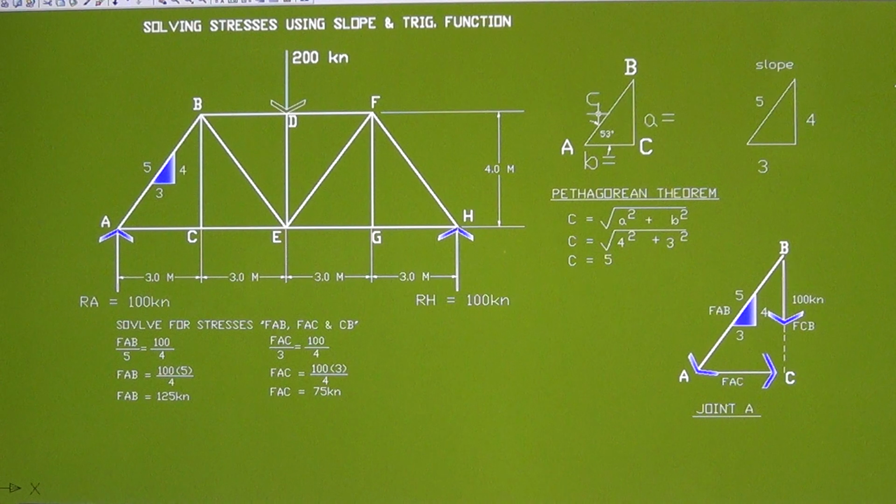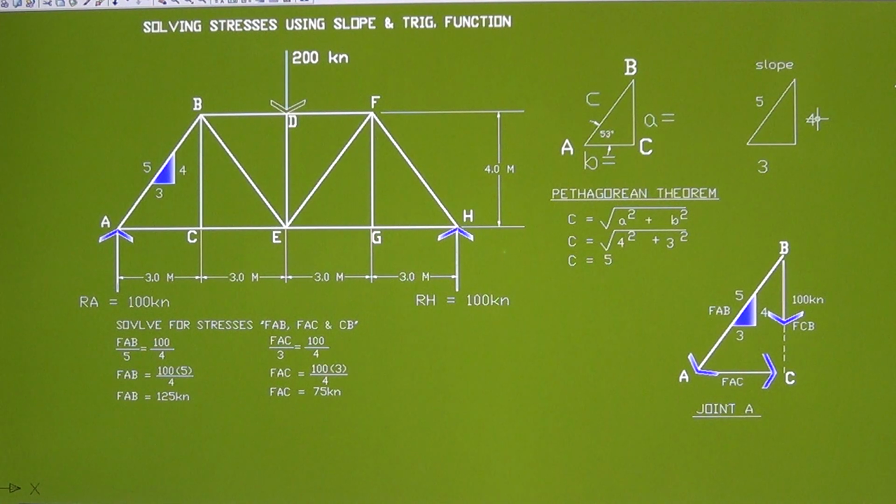We have to find C, so we use the Pythagorean theorem. C squared is equal to A squared plus B squared. As a shortcut, C is the square root of A squared plus B squared.